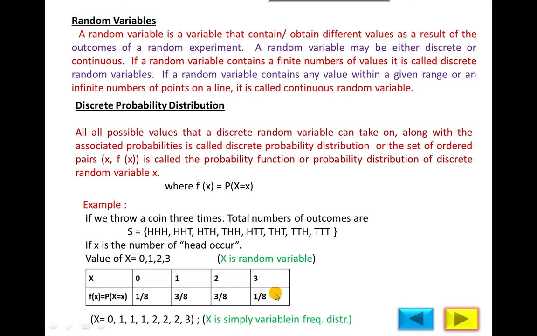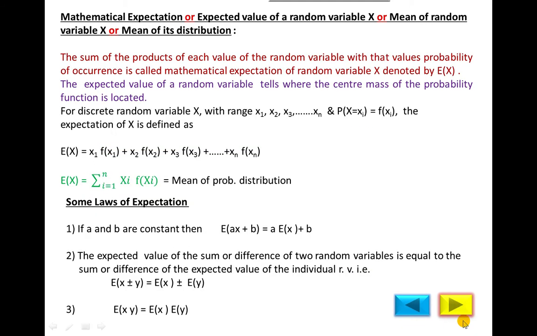You know that in a frequency distribution we use the values of x and the corresponding frequencies in the mean, mode and standard deviation. Same as that, in a probability distribution, for the mean we will use the values of x with the corresponding probabilities, not frequencies. So this is our next topic: find the mean of the probability distribution, mean, median, standard deviation or mode, etc. The topic is called mathematical expectation.